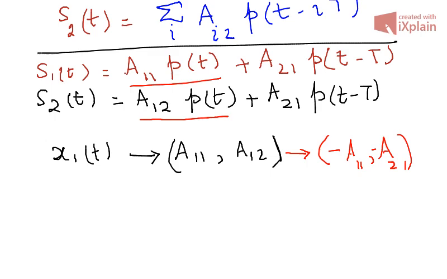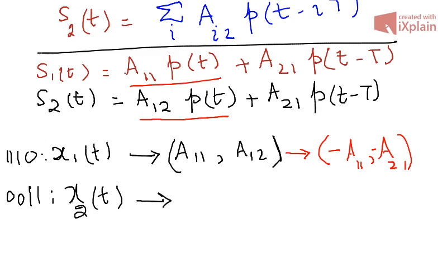Similarly, we transmit the bits 1 1 1 0, right? These bits represent x1 of t. Similarly, when we transmit 0 0 1 1, we need to transmit x2 of t, and the symbols which will be transmitted in the second time interval are these ones.